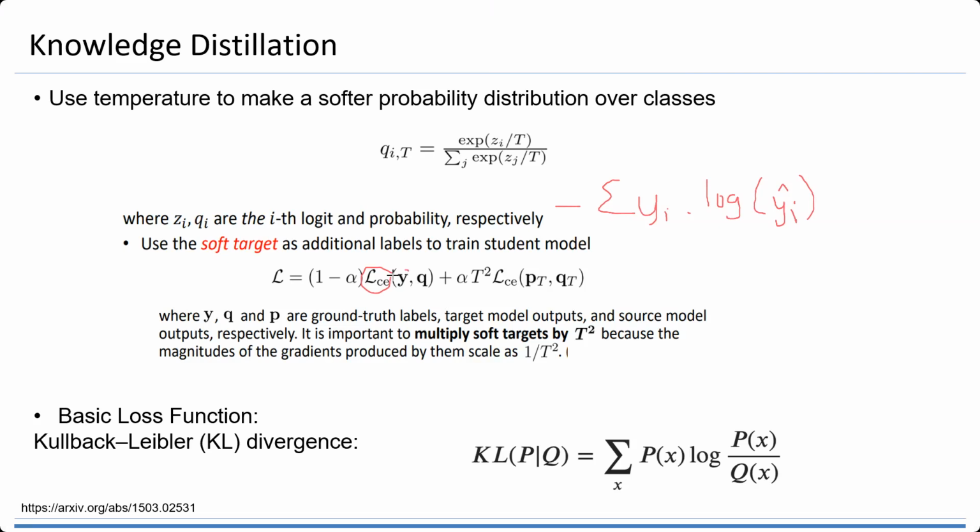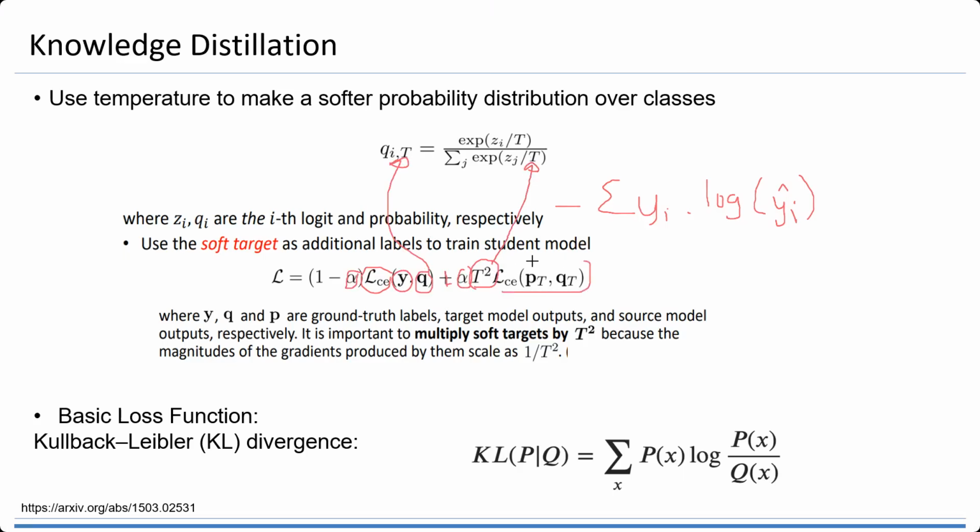We want to compare y, the actual value from the class, and q, the result from this one, plus the alpha weight multiplied by the temperature to the power of 2. So this is the temperature.